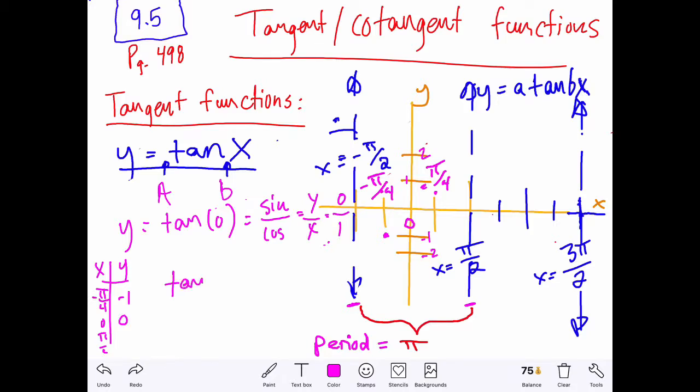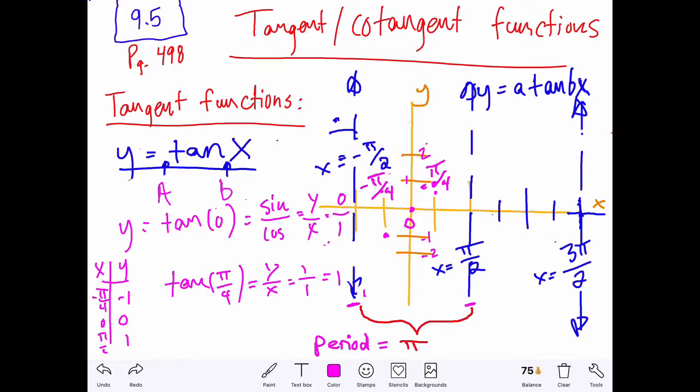And let's do the tangent of pi fourths. Maybe you just want to think about your original triangles here. Sine over cosine, y over x. 1 over 1, it's just a 45 in the first quadrant, so that's 1. Okay, so let's plot those, 0, and then at pi fourths I'm at 1.